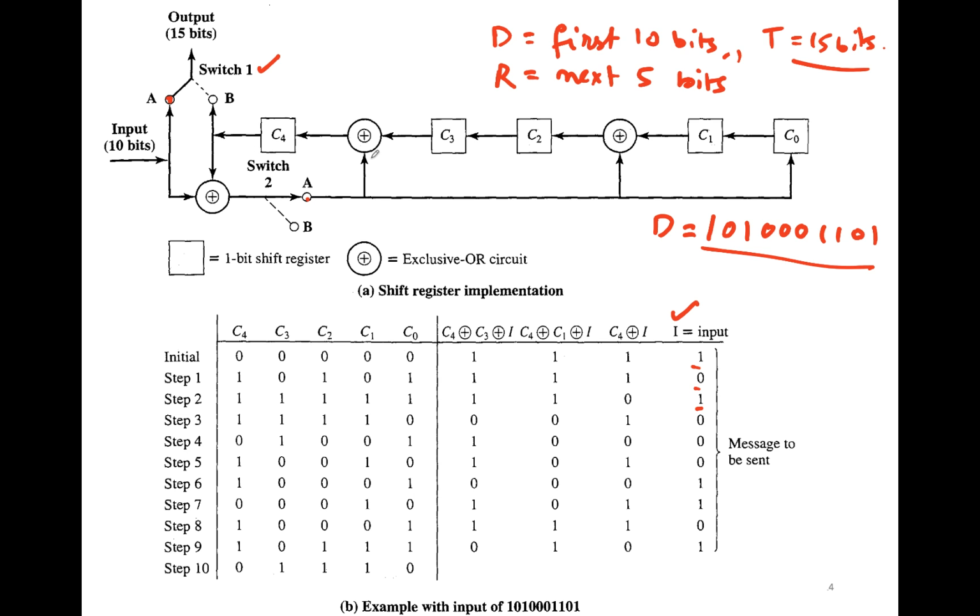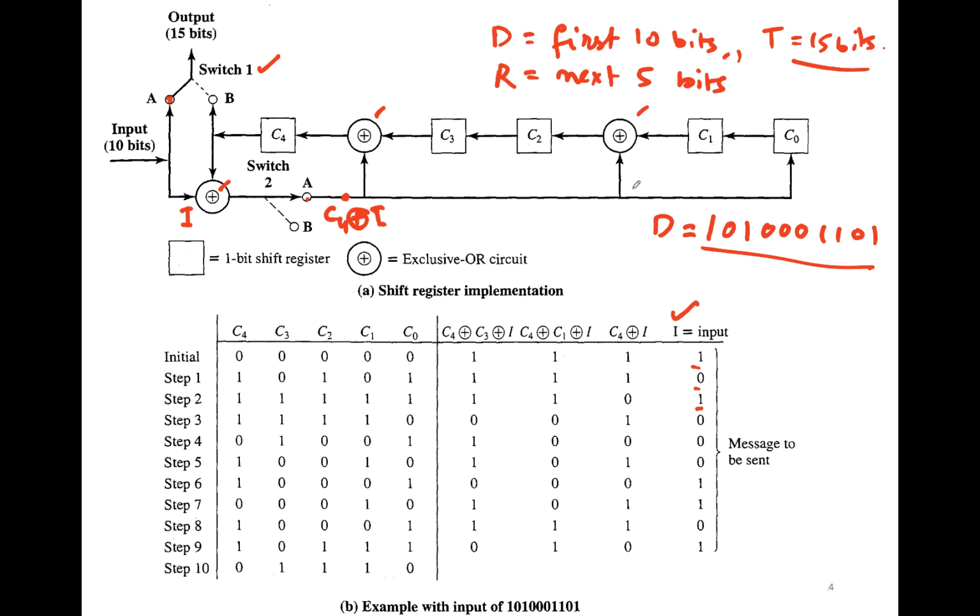you have how many exclusive ORs? 3 exclusive ORs. So here is your input I. Here you will have C4 exclusive OR I at this point.